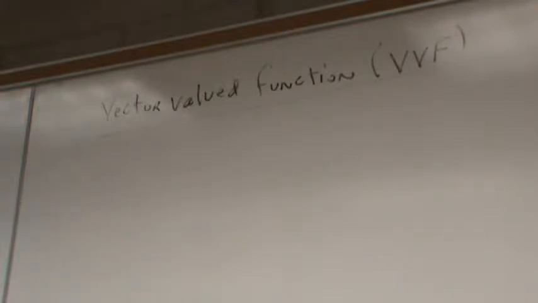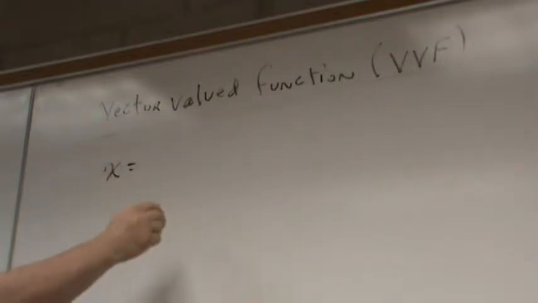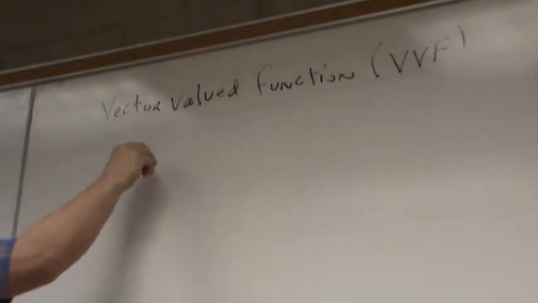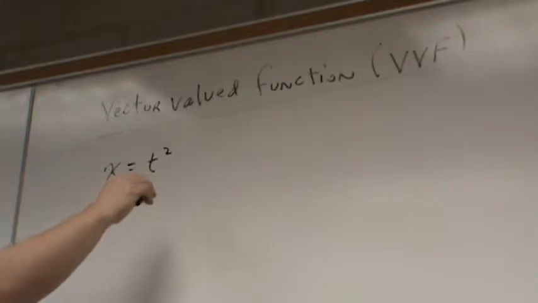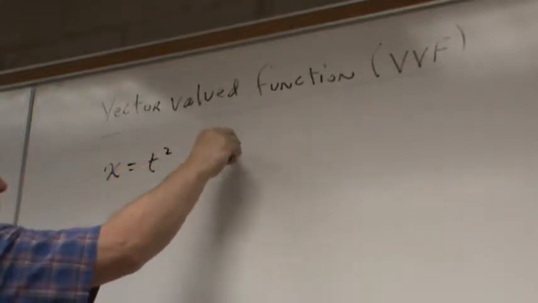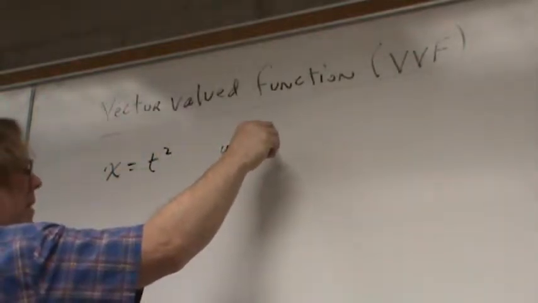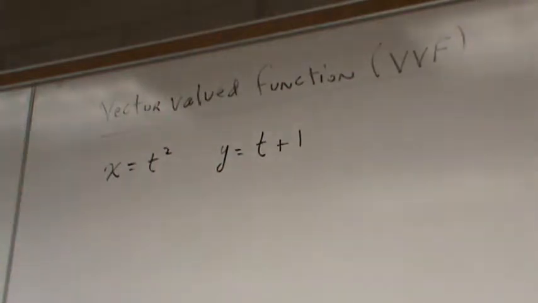Let's say I had a parametric equation that looked like this. x equals t squared, and y equals t plus 1. I'm going to make it very, very simple. Let's say there's my function, my parametric equation, okay?